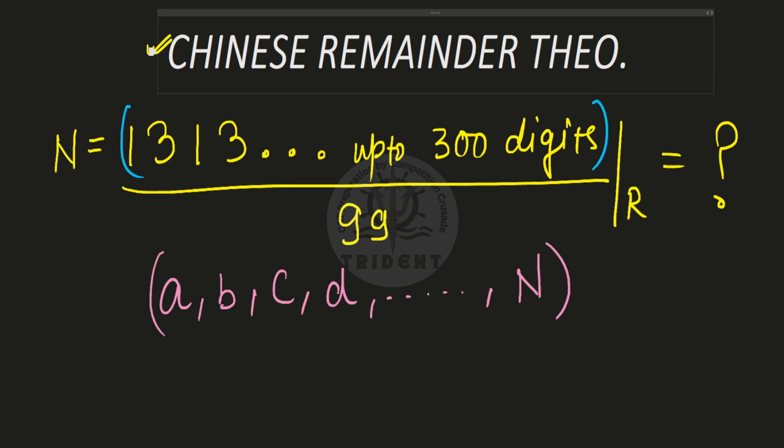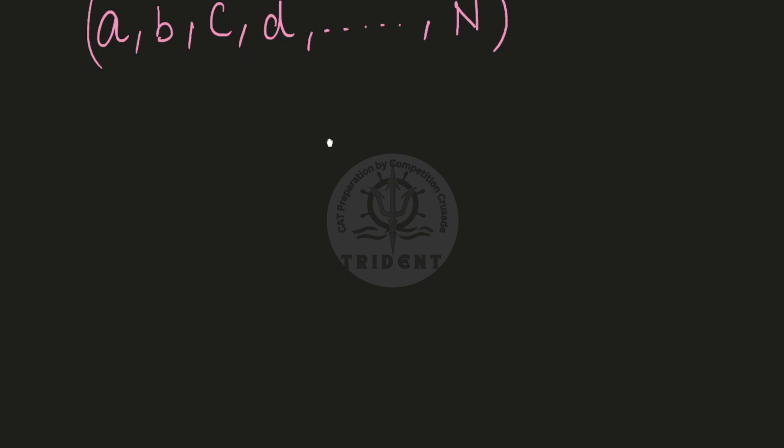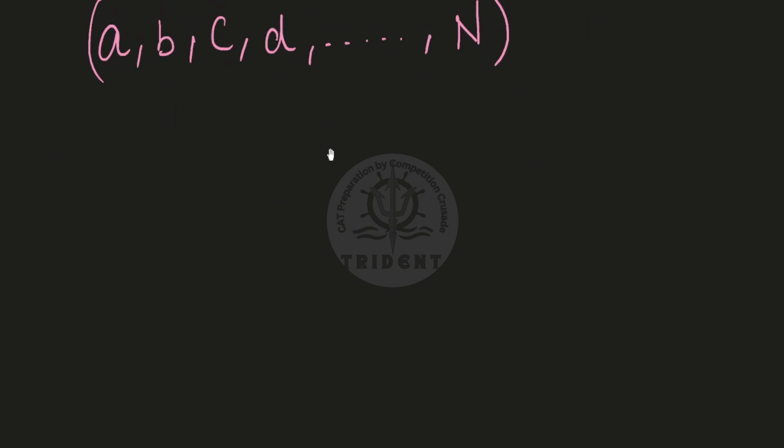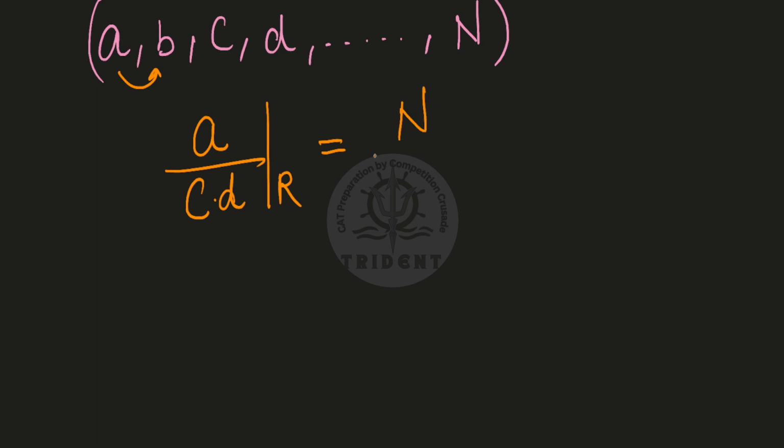Now the concept of Chinese remainder theorem says that the moment you find this series, obviously because it's an arithmetic progression, you will also know the common difference. And the concept says that any one of the terms, let's say we take a term d, or just for the sake of simplicity we take a, divided by the common difference d, this remainder is going to be exactly equal to the number n divided by the common difference d.